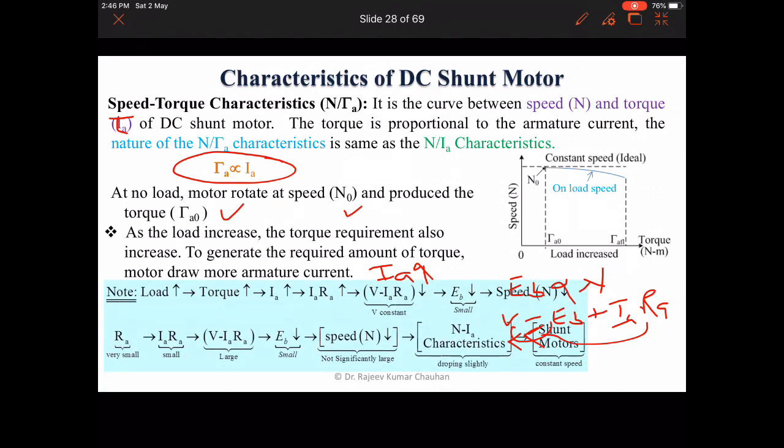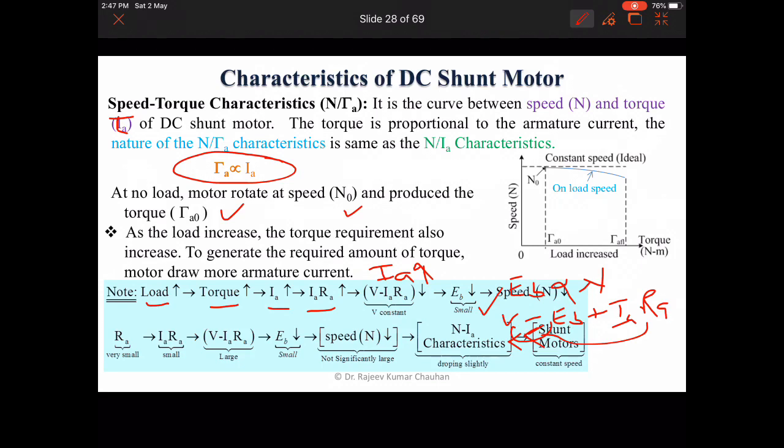So we can say that as load increases, torque will increase, Ia will increase, and IaRa will increase. V is constant here, so V minus IaRa will decrease, or Eb decreases, so speed will decrease.